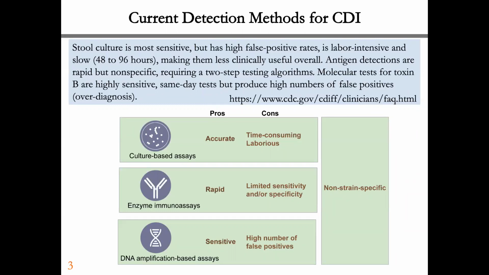This is the so-called over-diagnosis. To my knowledge, there are a lot of specific epidemic strains like NAP1, and currently there's really no good clinical diagnostic method. All these methods used clinically right now are not suitable for identifying specific strains that might be more antibiotic resistant, or may express more toxins, or may require different treatment methods.